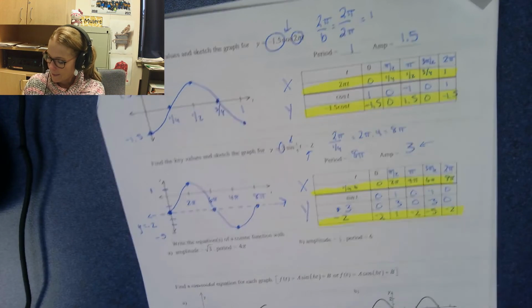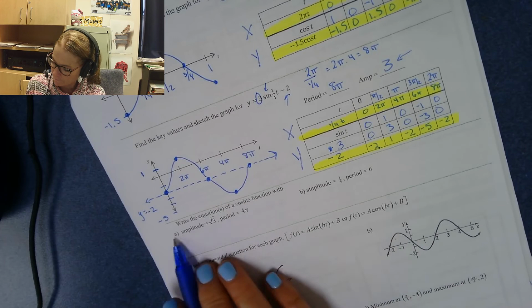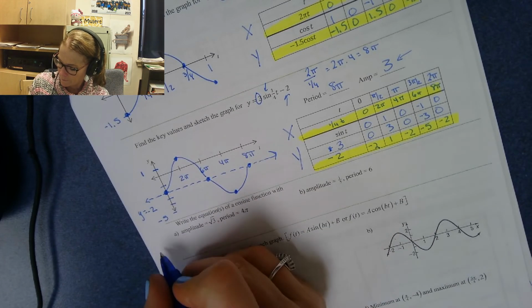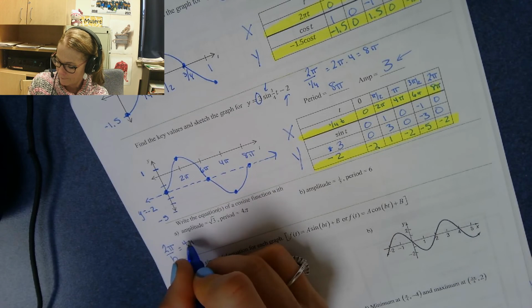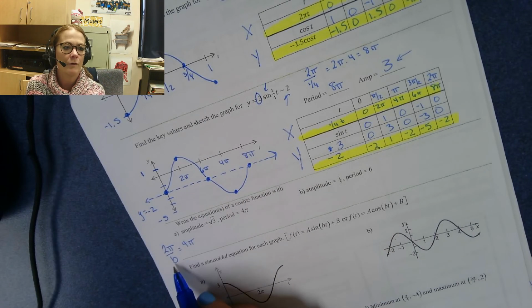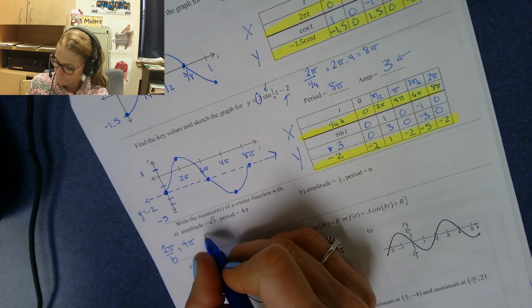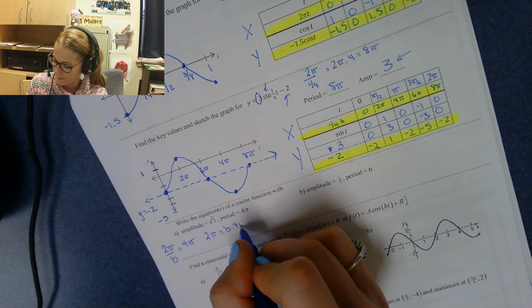Okay, switch the prompt. I'm going to kind of jam through this. Write the equation of a cosine function with amplitude root 3 and period 4 pi. Okay, so if 2 pi over b is 4 pi, there's the period formula. So 2 pi equals b times 4 pi.